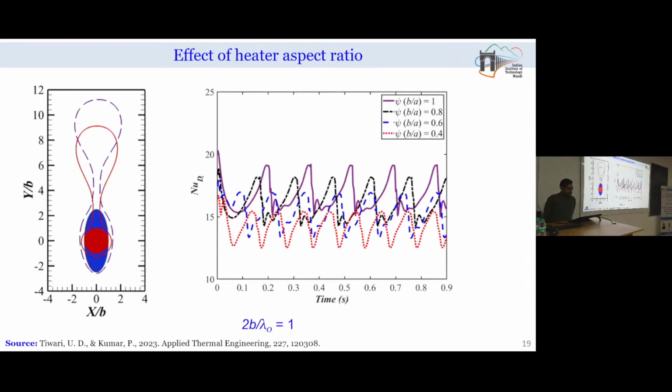Now, this is one interesting parametric variation.